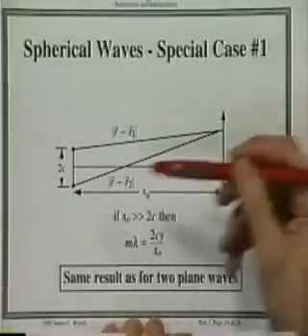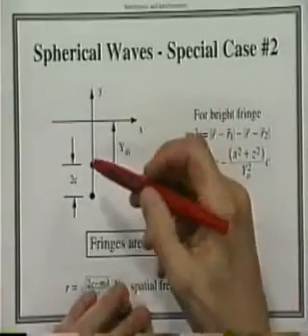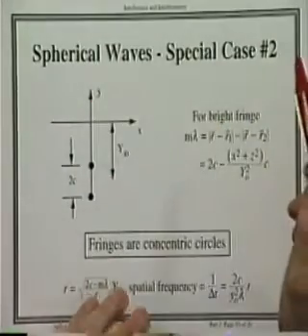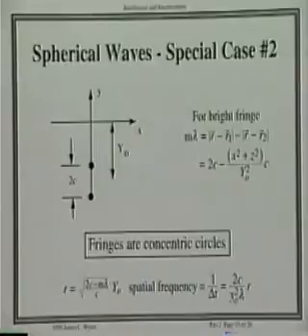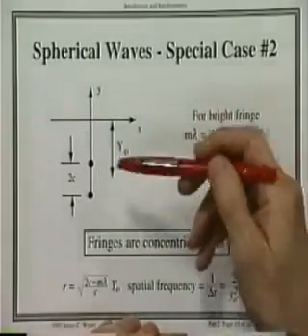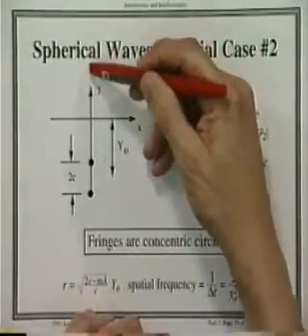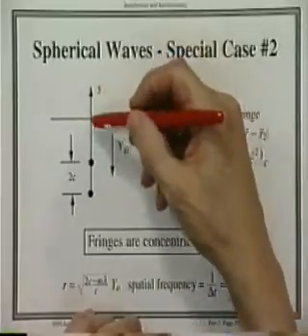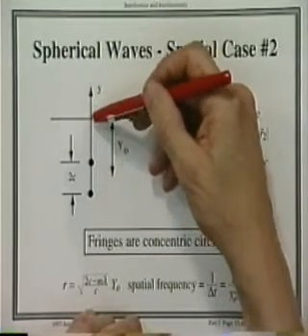Now special case number 2 is we're going to take these 2 point sources, and now we're going to look up here. This is where we got the circular fringes. First off, without doing any math at all, we know that they must be circular fringes just because of symmetry. The other thing we know without any math is that in the center, the 2 beams are parallel right along this axis. And so in the center, where they're nearly parallel, the fringes are going to be very widely spaced.